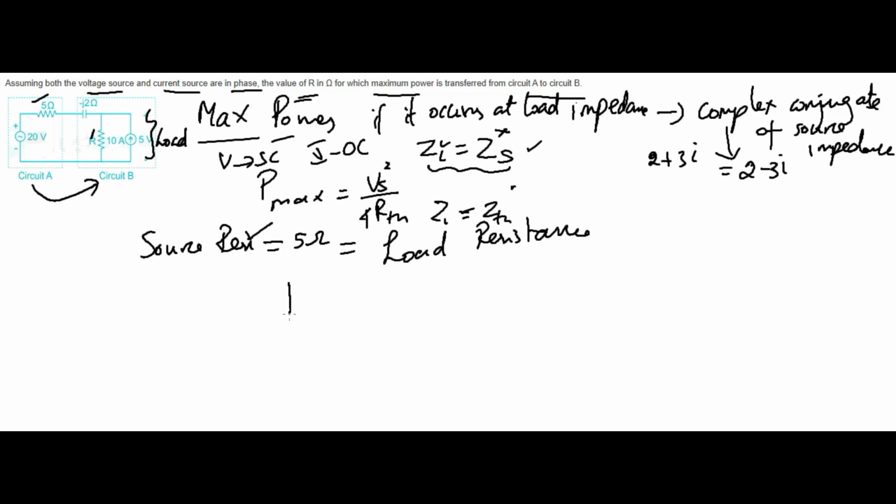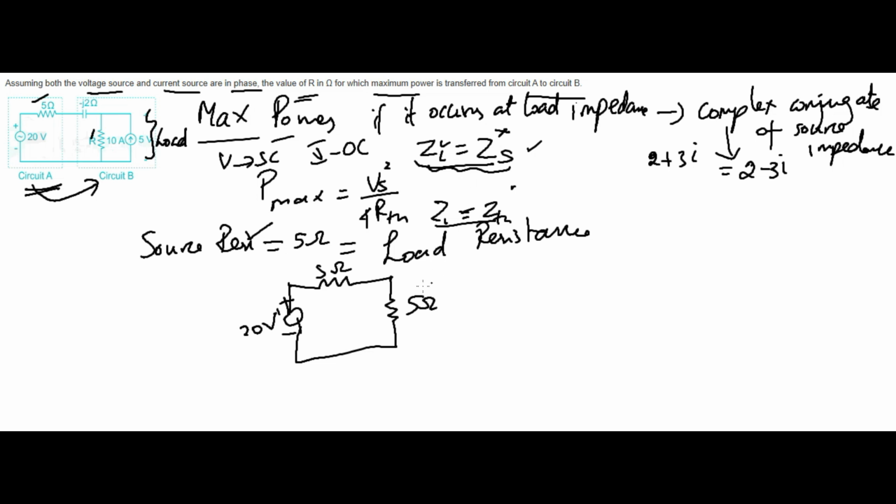So I can redraw the circuit: the voltage source with the source 5 ohm for circuit A, and the load of 5 ohm, because source equals load. This is the actual maximum power transfer theorem rule.